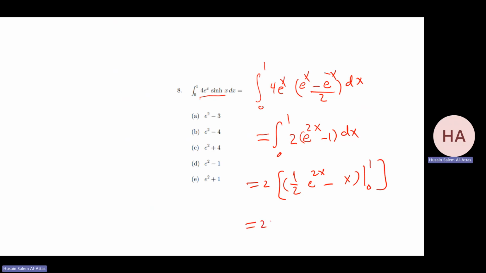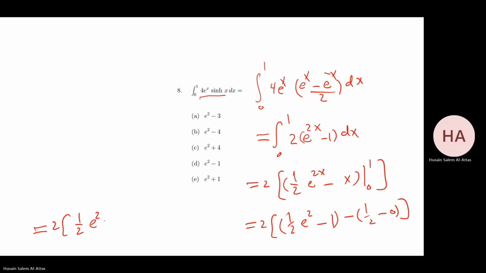So that gives me 2 times half e squared minus 1, minus half, minus 0. That gives me what? 2 times half e squared minus 3 over 2. In other words, e squared minus 3, which is this.